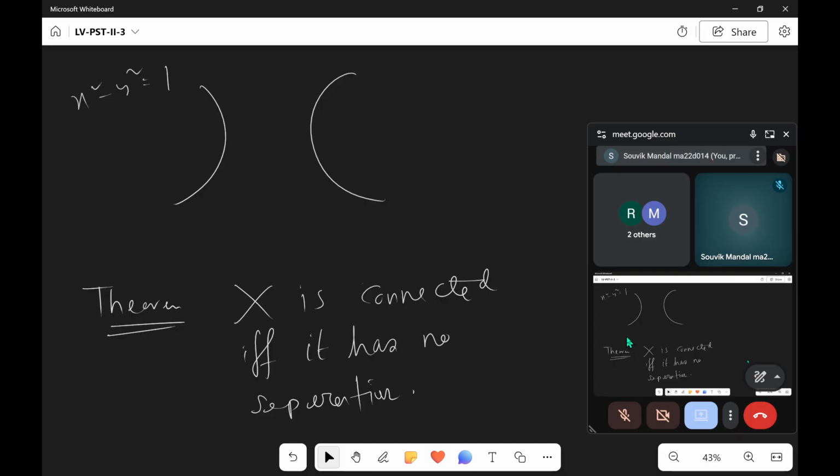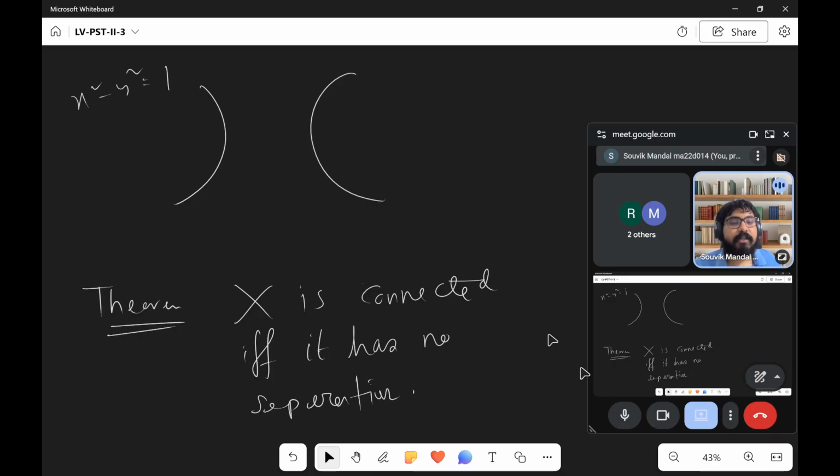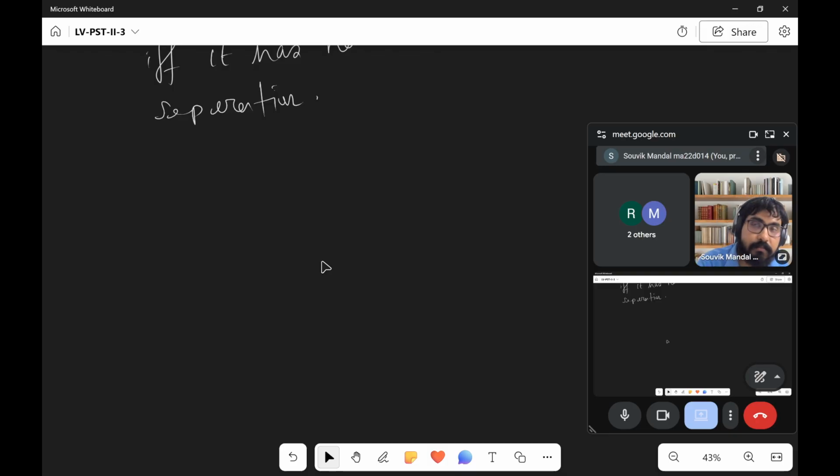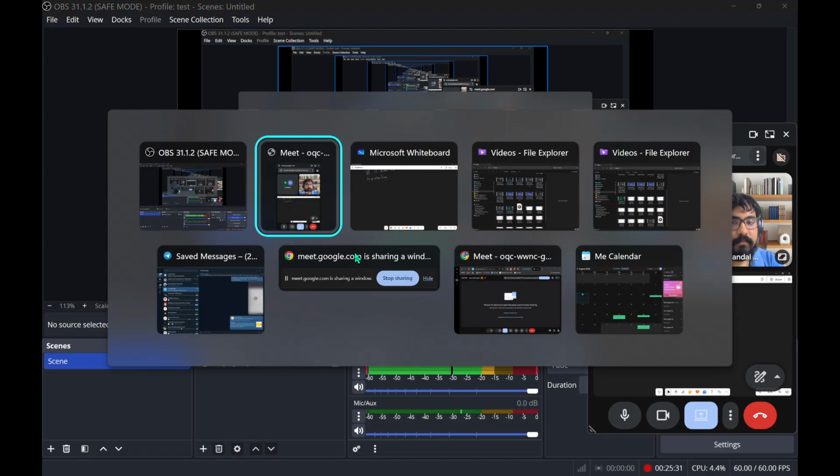Sir, we do it like this. If X is connected, then the only open and closed sets are phi and X. If we assume there exists a set A which is both open and closed, then the complement of A is also both open and closed.